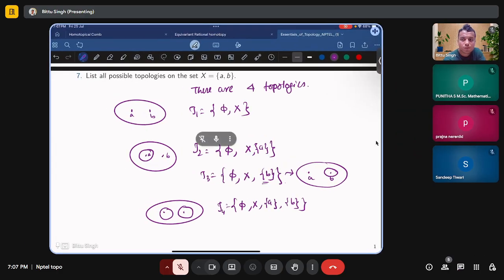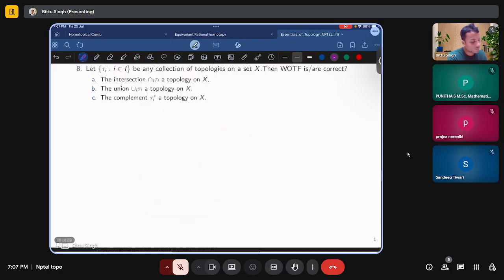So now next question. Question number 8. The first one says, so those are topologies, tau I where I belongs to the index set. For example, I can be the integers, or 1 up to n, or anything else.